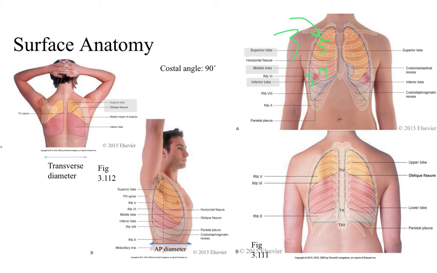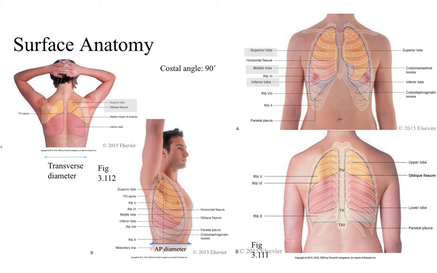So there are three in total, whereas the left lung is divided into a superior and inferior lobe. And the reason for that is that the heart kind of sits in the middle of the mediastinum and points out towards the left. Because there's less space in the left side of the thoracic cavity, there's one less lobe of the lung to accommodate the heart space, the space that the heart takes up.